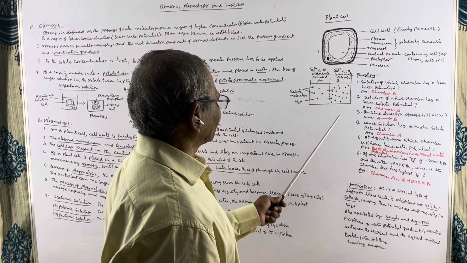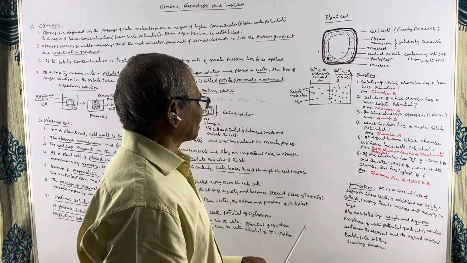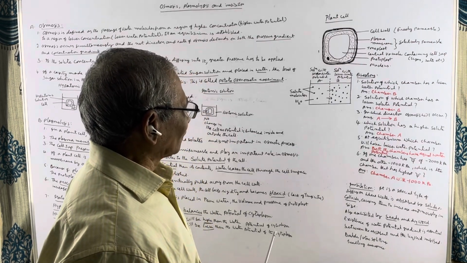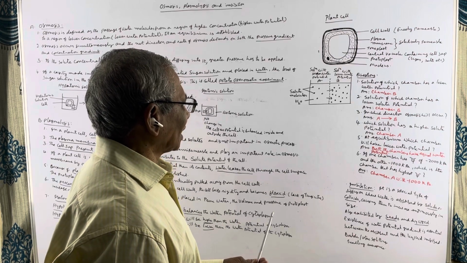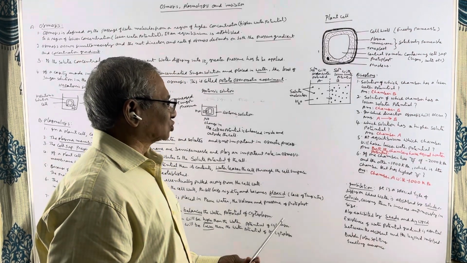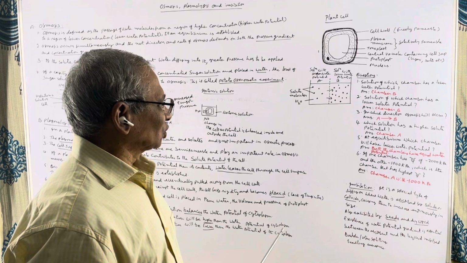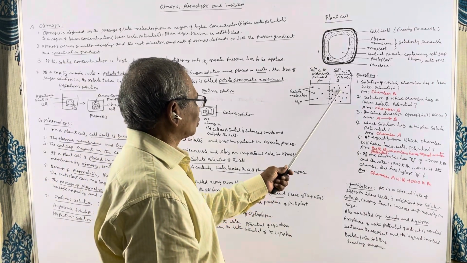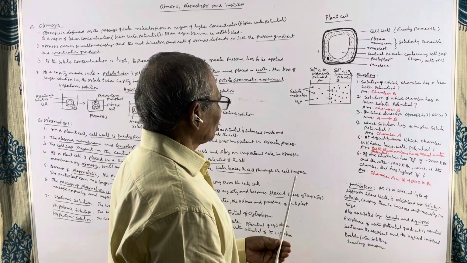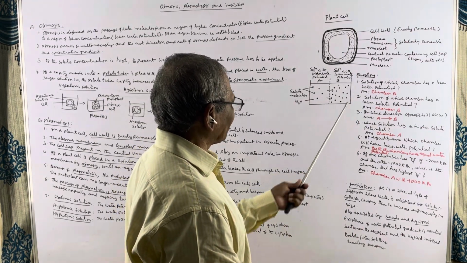So the correct answer is chamber B. The second question, solution of which chamber has a lower solute potential? As the concentration of the solute increases, it lowers the solute potential. So here chamber B has more solute molecules. So the correct answer is chamber B.